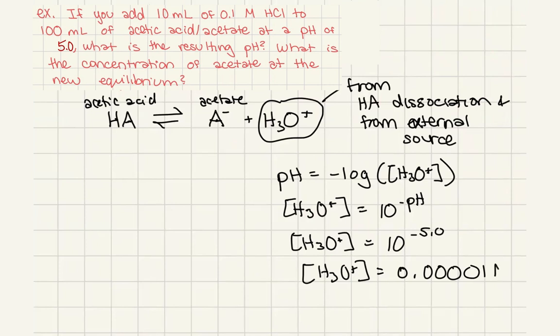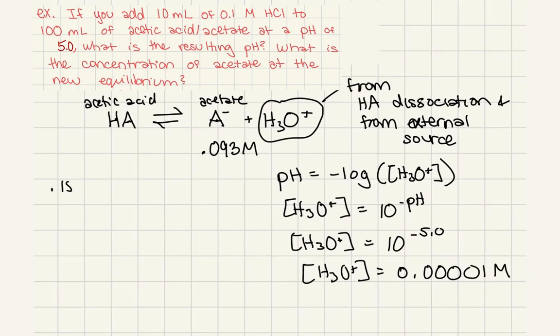And remember, at this point, we're still talking in terms of molarity. We calculated before that our acetate concentration was going to be equal to 0.093 molar. Now we need to figure out our acetic acid concentration. We know that our combined concentration of acetic acid and acetate is 150 millimolar, or 0.15 molar.